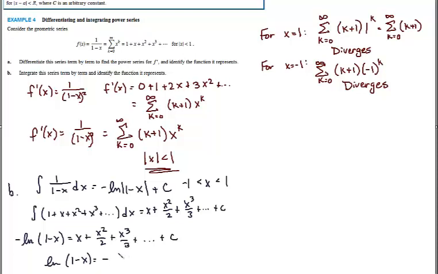I'll just make it equal to negative the sum from k starts at 1 and goes to infinity of x to the k over k. And that's what we get for our integration of this little fella.